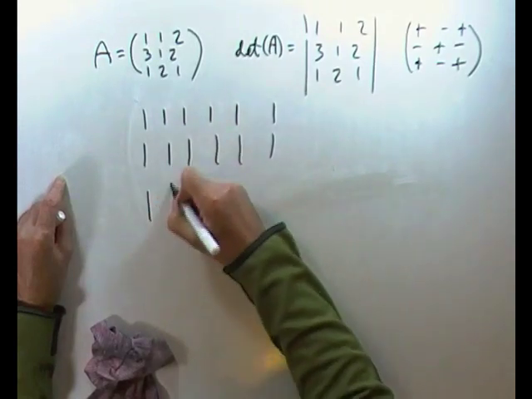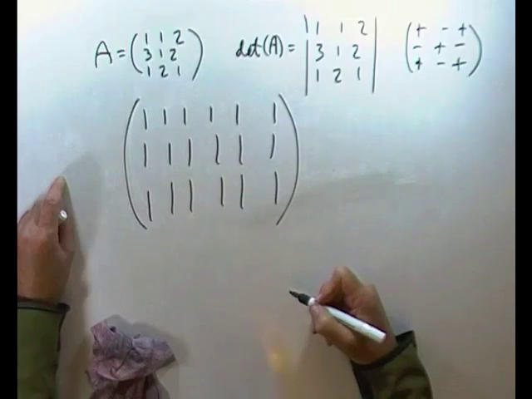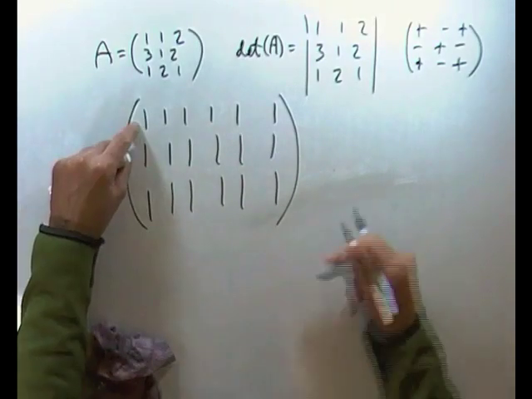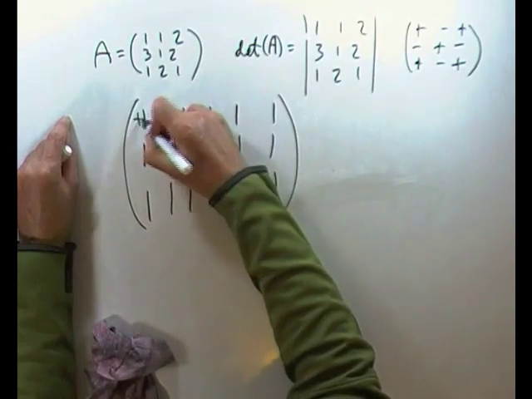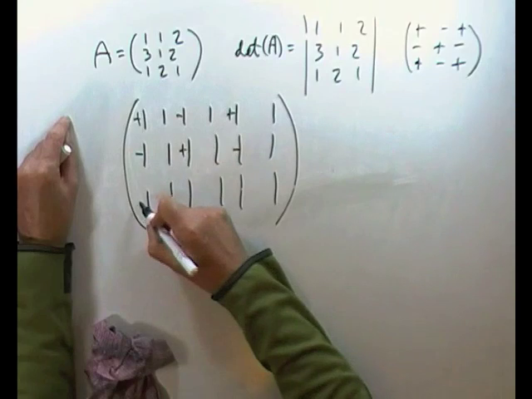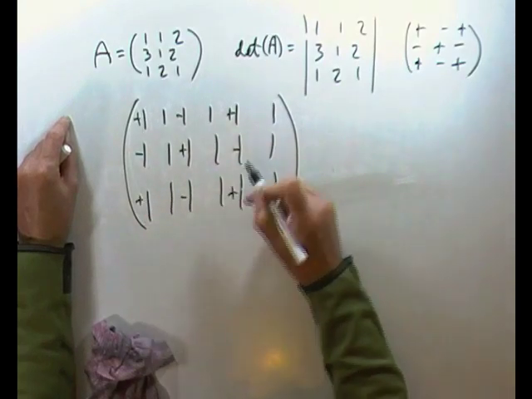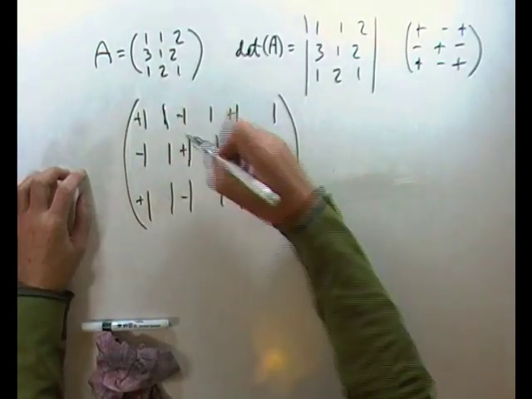Why do you bother putting the brackets in first? You know they never fit. I should put them in afterwards. And also putting in the signs, because I want the signed minors. So that's plus, that's minus, that's plus, that's minus, that's plus, that's minus, that's plus, that's minus, that's plus. The signed minors.